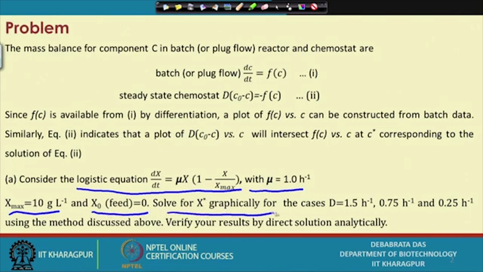Solve for x star graphically for the cases when D equals 1.5 per hour, 0.75 per hour, and 0.25 per hour, using the method discussed above, and verify your results with the direct analytical solution. So we shall have to solve it both graphically as well as analytically. Let us see how we can solve it.